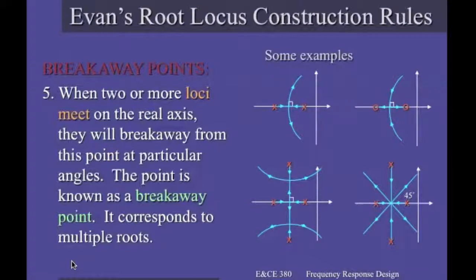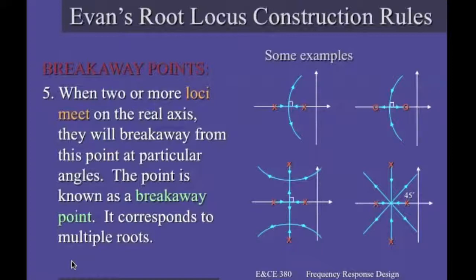The leftmost part of the real axis is not a section of the root locus because of the consequences of the Evans rule number 3, concerning the evaluation of whether a point on the real axis is part of the root locus or not. So only this segment included between the two poles is part of the root locus.